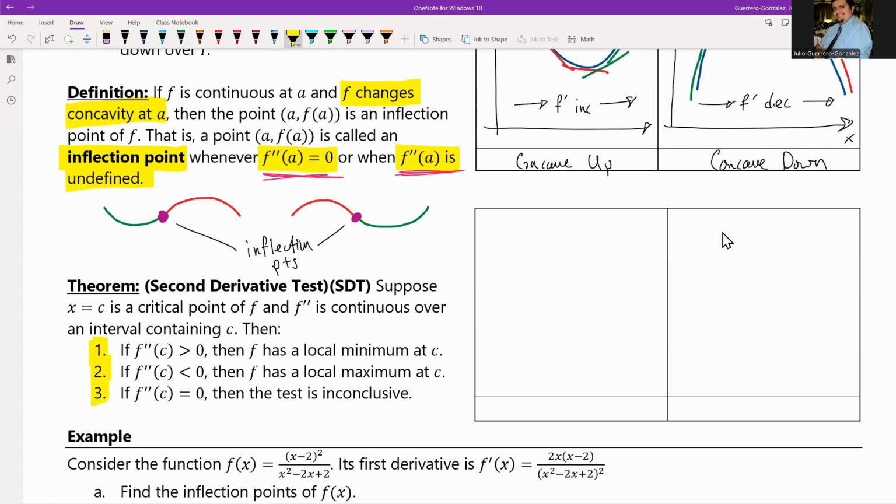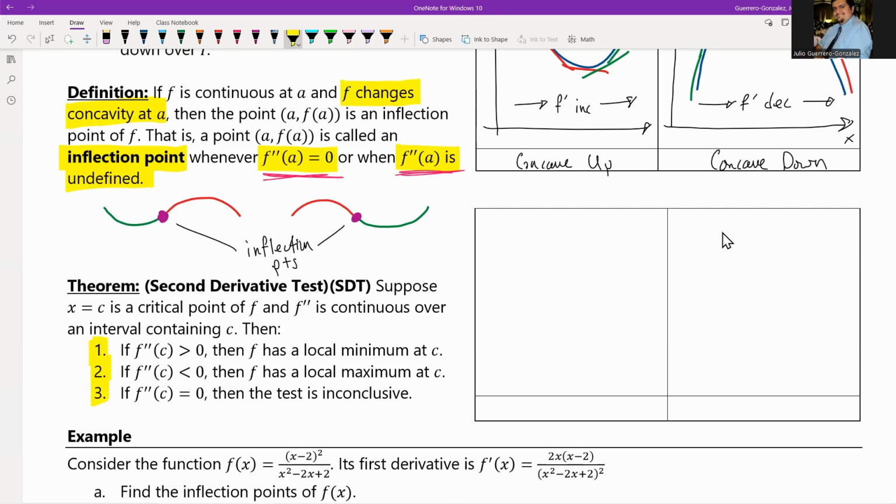Suppose that f double prime is bigger than 0, then you have a local minimum at C. If f double prime is less than 0 at C, then you have a local maximum.